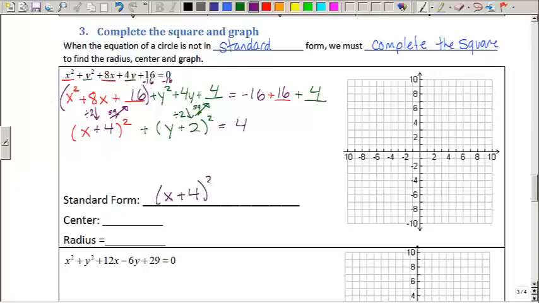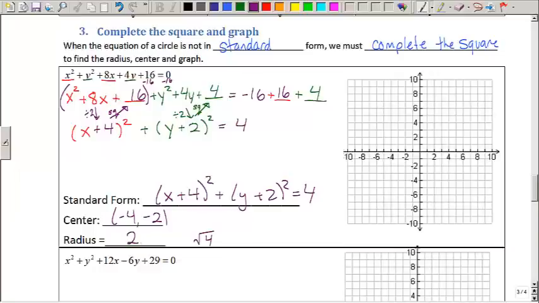X plus 4 quantity squared plus y plus 2 quantity squared equals 4. My center is going to be the opposite of positive 4 or negative 4, comma the opposite of positive 2 or negative 2. And my radius is the square root of r squared. The square root of 4 is 2.